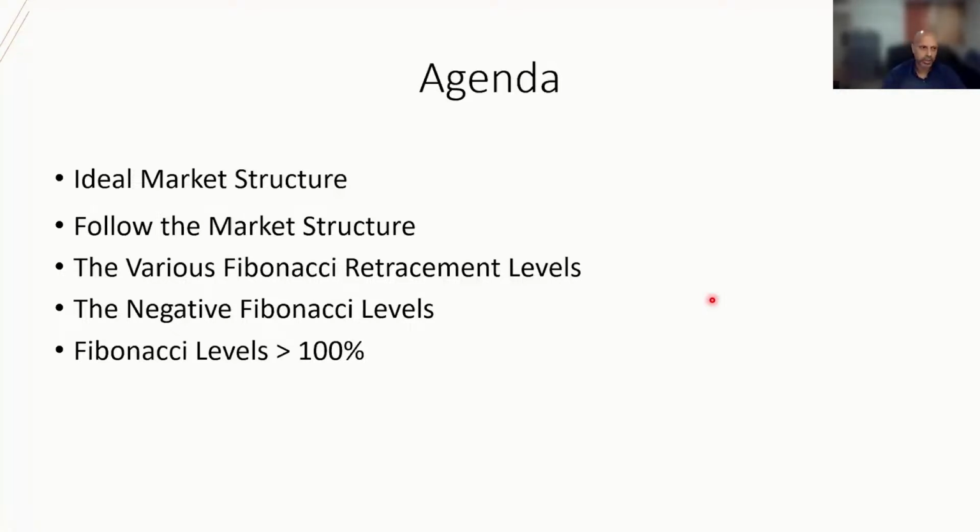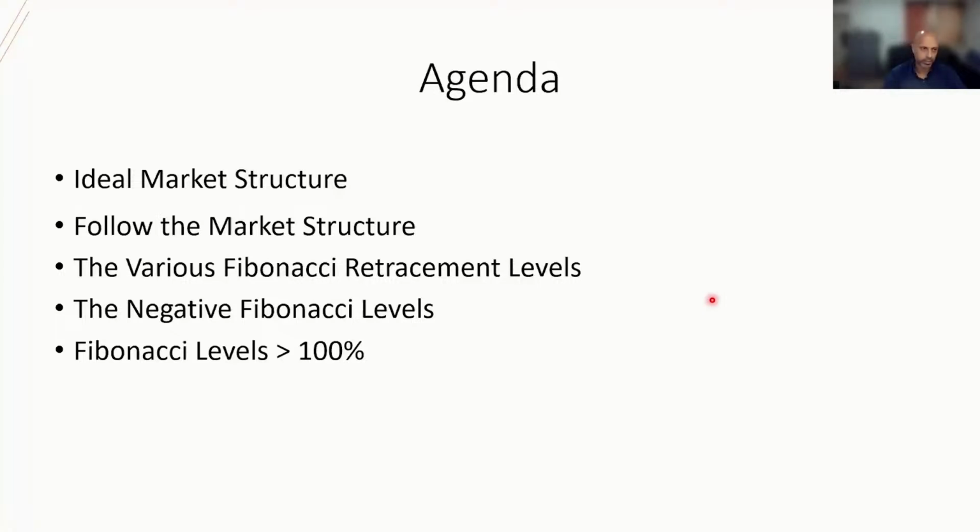Then we will look at how we can follow the market structure so as to achieve significant Fibonacci retracement levels. When we do not use the Fibonacci retracement tool correctly, and when we do not follow the market structure as closely as possible, then the retracement levels highlighted by the tool will not indicate significant resistance or support levels.